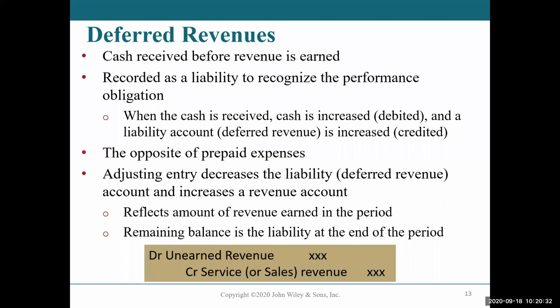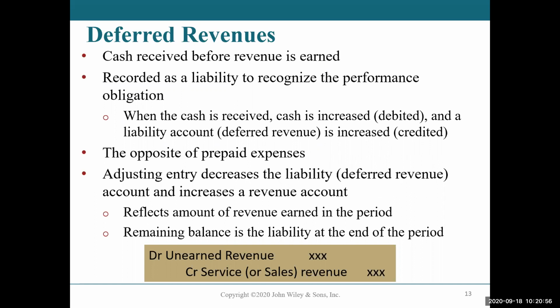But when that revenue is earned, at that point in time, we would book an adjusting entry by debiting this deferred revenue or unearned revenue account and crediting our revenue account. So basically, we are reducing our liability by debiting that and increasing our revenue by crediting.